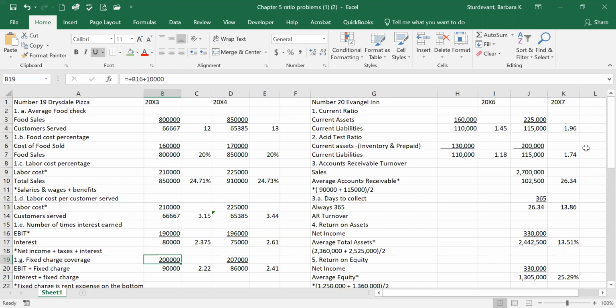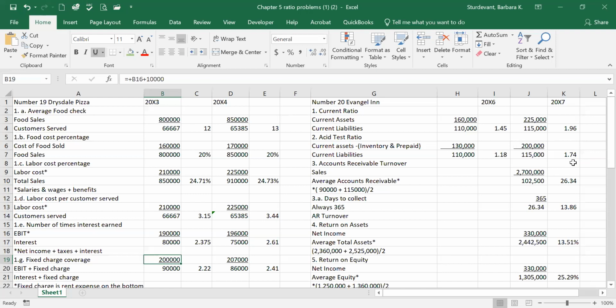Again, it improves for X7. We have more current assets. So we have cash of 60, marketable securities of 25, and accounts receivable of 115. And that's where the 200 comes from. So we're even looking really good here.